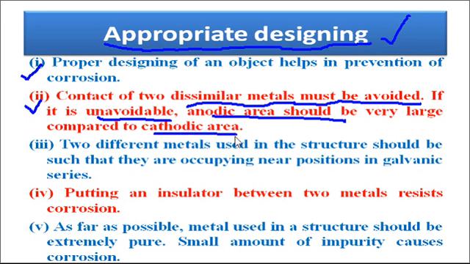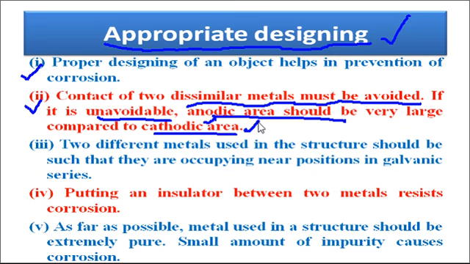That means if it is not possible to avoid the direct contact between two dissimilar metals, then we should choose metals in such a way that the more reactive metal, that means the anodic metal, should be large, while the less reactive metal should be small.